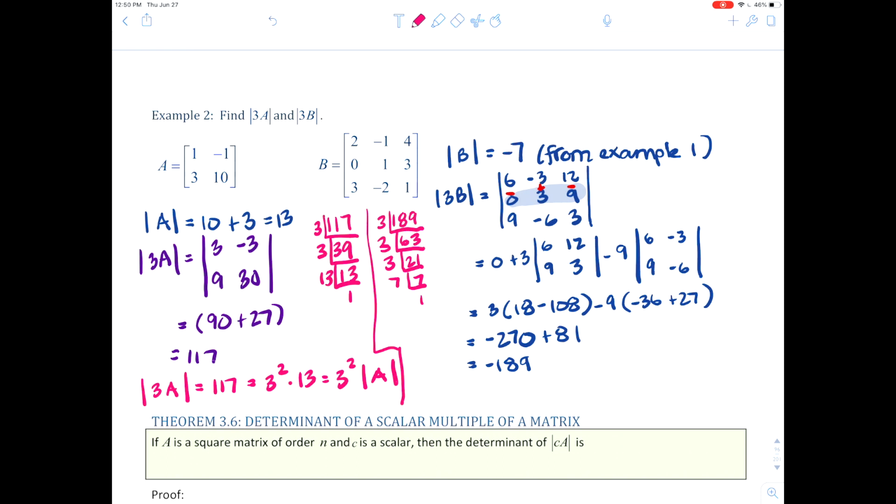It turns out that the determinant of 3B was equal to -189, which is equal to 3 cubed times -7. That's equal to 3 cubed times the determinant of B.